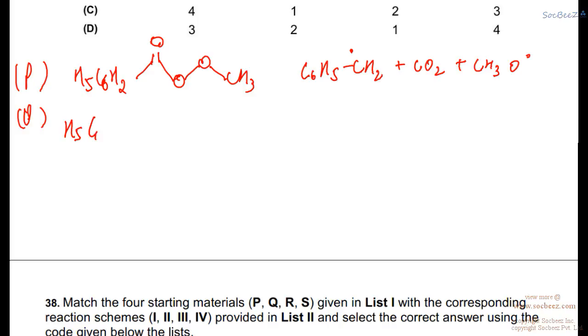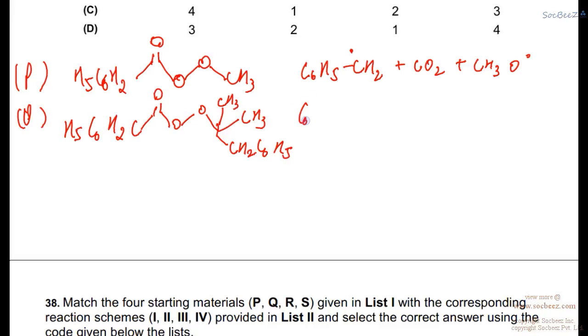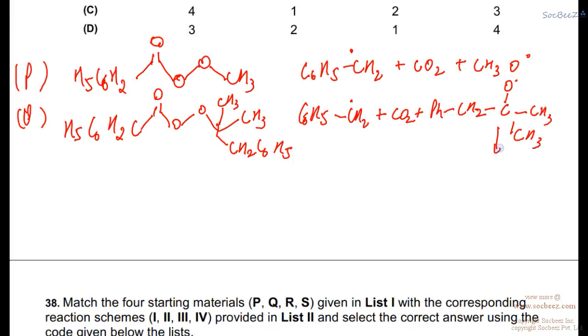In case of Q, it is H5C6H2 CO CH3 CH3 CH2 C6H5, and the radicals are C6H5CH2 dot plus CO2 plus CH3 CH3 CO dot, which further decomposes as PhCH2 dot plus CH3 CO CH3.